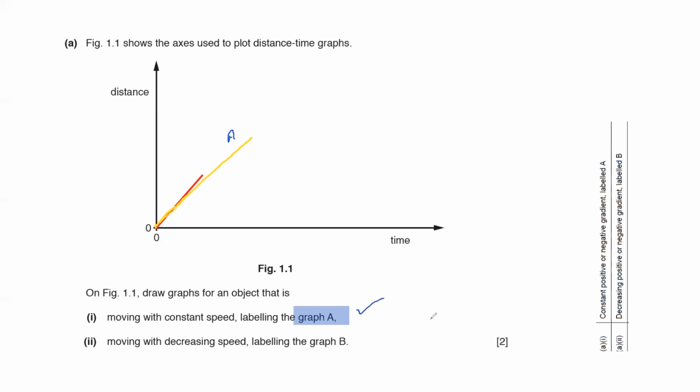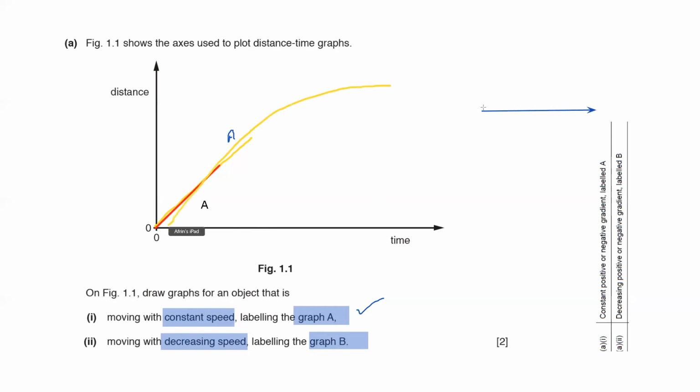That's right. It will be a straight line and moving with a decreasing speed. Decreasing speed means decelerating. The term decreasing speed means deceleration. So how do you represent a deceleration? Not from the same point, Heather, it's a separate graph.